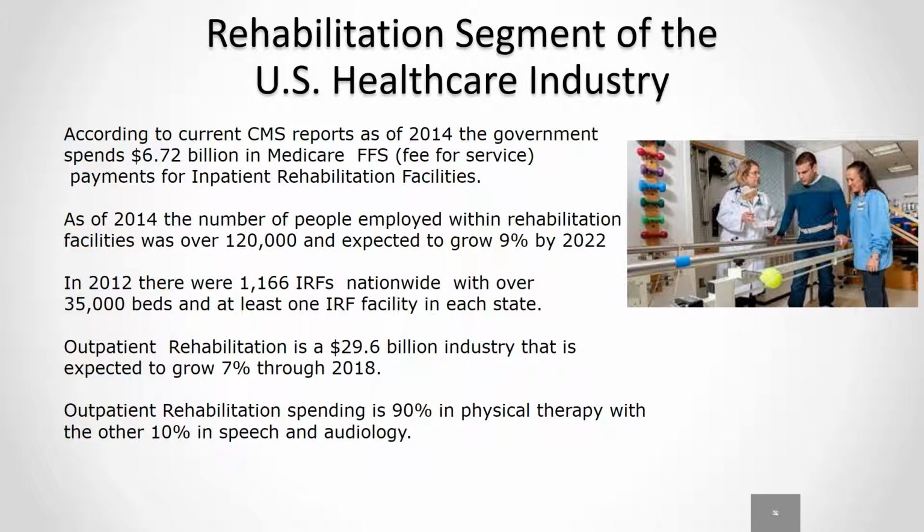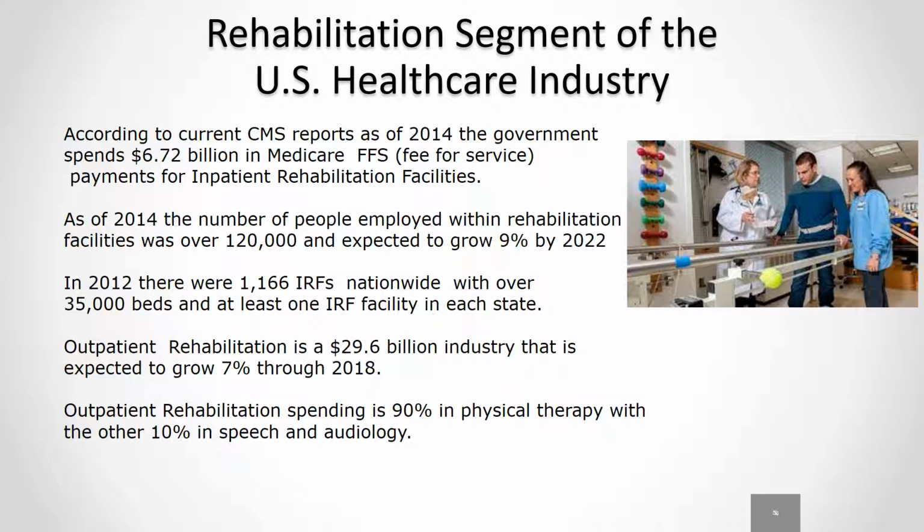As of 2014, the number of people employed within rehabilitation facilities was over 120,000 and expected to grow 9% by the year 2022. In 2012, there were 1,166 inpatient rehabilitation facilities nationwide with over 35,000 beds and at least one IRF facility in each state.